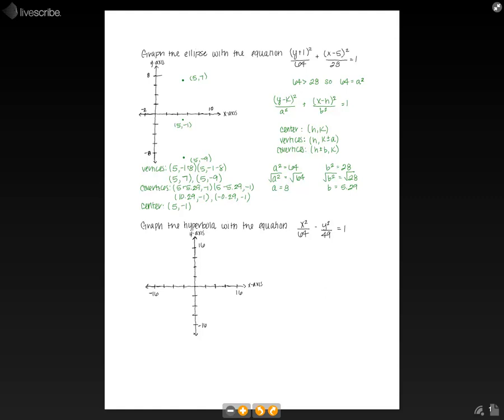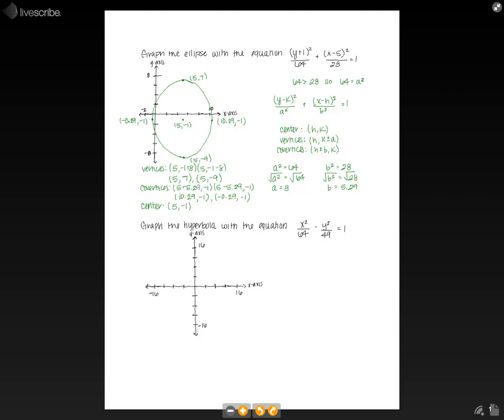Our co-vertices are going to be at 10.29 comma negative 1, which is right here, and also over here, negative 0.29 comma negative 1. Now we can connect those vertices, and that is the graph of our ellipse.